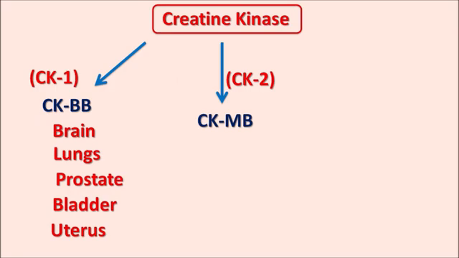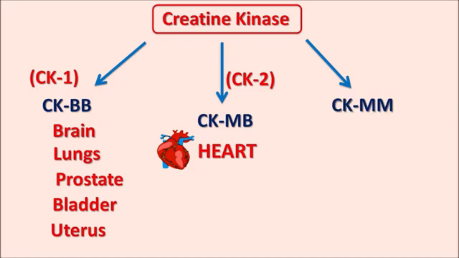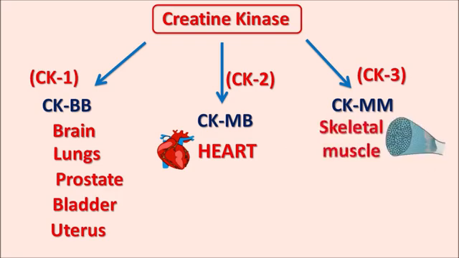This enzyme is more abundant within the heart. That's why CKMB is selective for cardiac muscle. And the third one is CKMM, which is also called the CK3 isoform, and this enzyme is mainly present in the skeletal muscle.